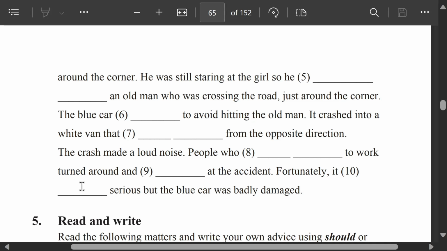Probably here, it wasn't serious. Serious means grave. Grave. Like intense. Intense, bad. It was not too bad. Serious. Serious means like very bad. No? So it was not serious.